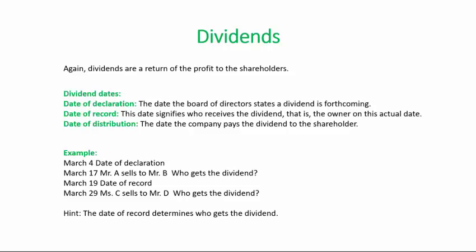This is oftentimes much later than the date of declaration so that they can get all the paperwork in order to determine who owns the stock at that particular date. And then there's the date of distribution. So those shareholders that own the stock on the date of record will then receive the checks of the dividends.